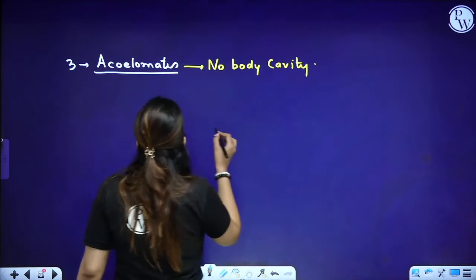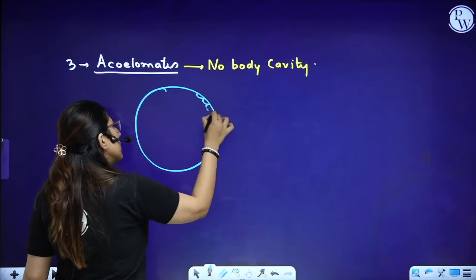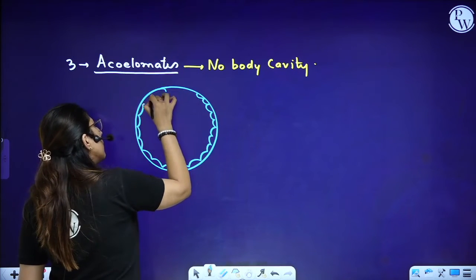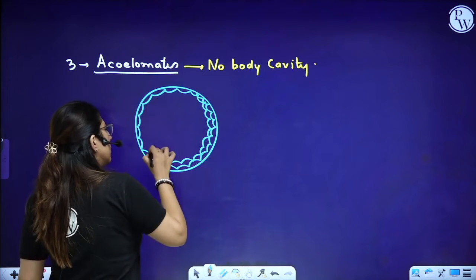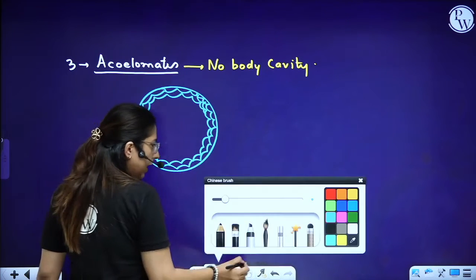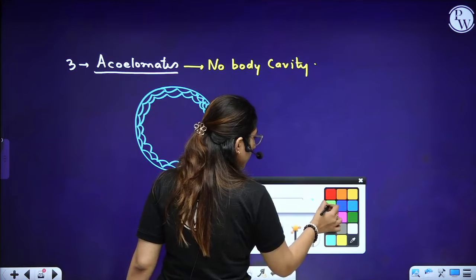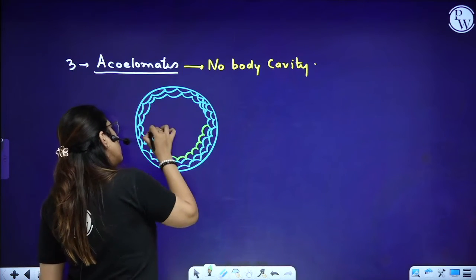Platyhelminthes. So here we have the ectoderm. Then let's take this color, the mesoderm.